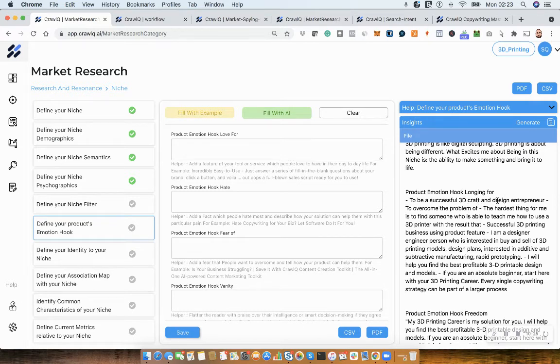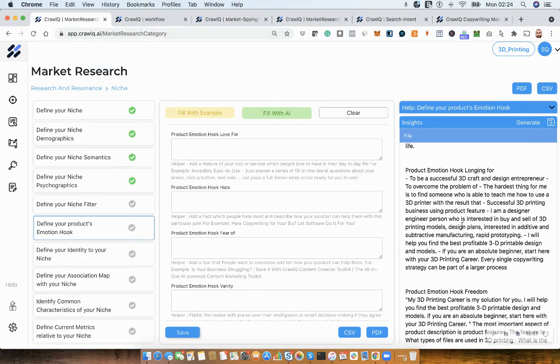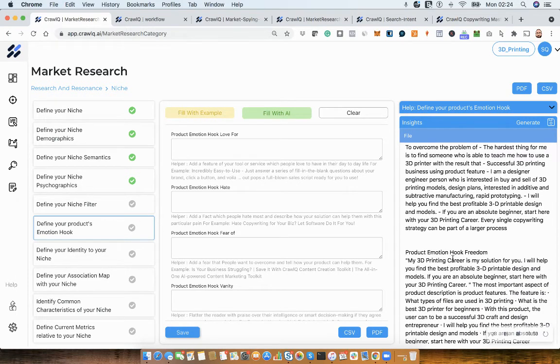He wants to establish his own manufacturing unit to overcome the problem of "the hardest thing for me is to find someone who is able to teach me how to use a 3D printer," with the result of a successful 3D printing business using product features. Something is kind of mixed up here, but you understand what exactly it is. Emotional hook, longing for.